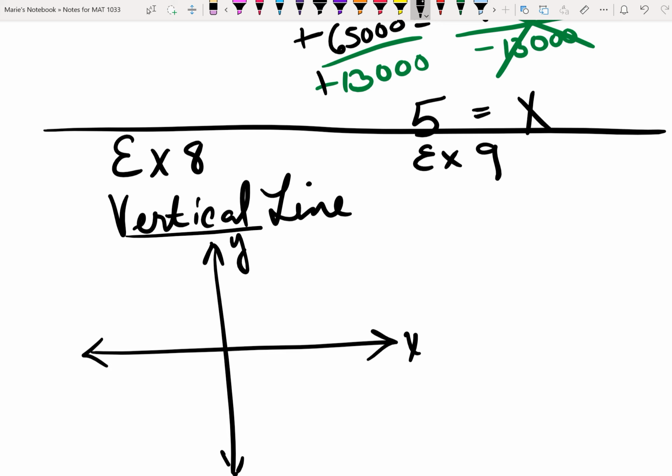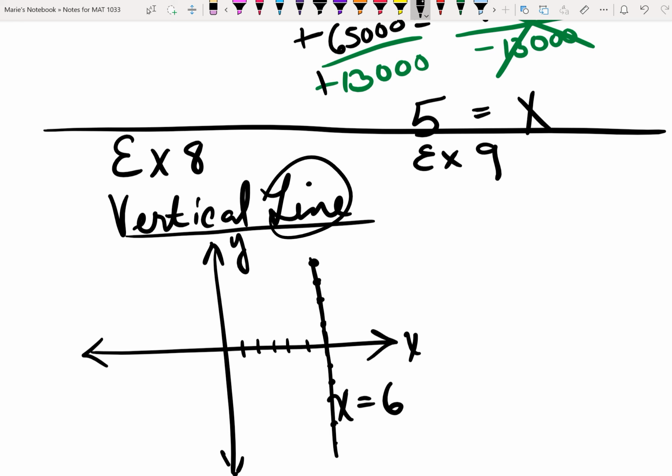But when it comes to a vertical line, the value is typically x equals something. So let's say x equals 6. That means that I'm going to go 1, 2, 3, 4, 5, 6, and then I begin to draw my line vertically. Because x is 6 here, it's 6 here, it's 6 throughout this entire line. It's not a point, it's a line. Because it's a line, you literally draw a line at x equals 6.